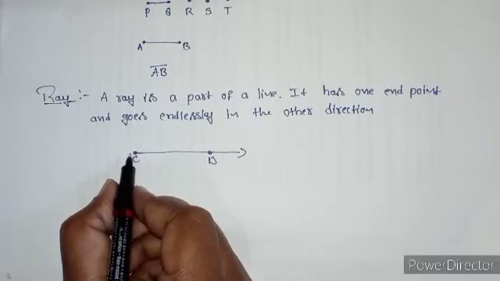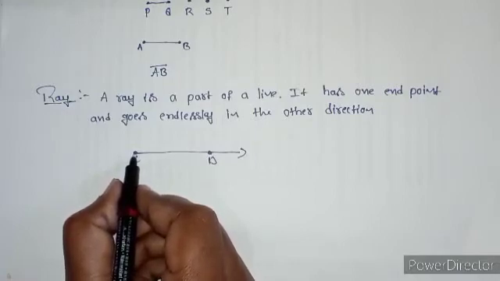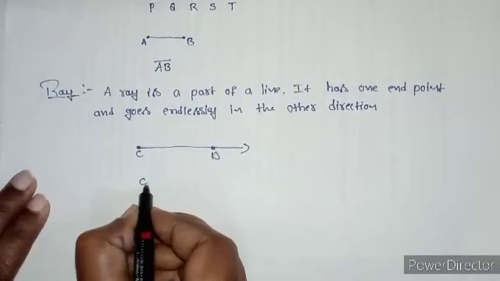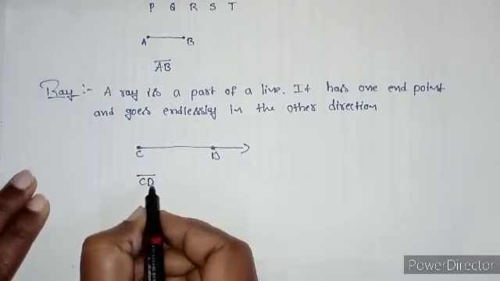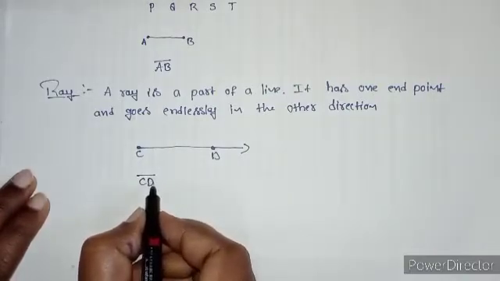To name a ray, the end point is named first. So the ray shown above can be read as C D bar.